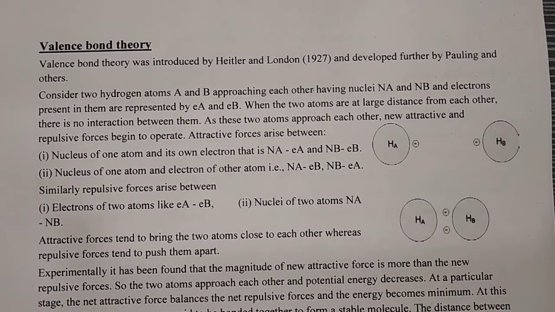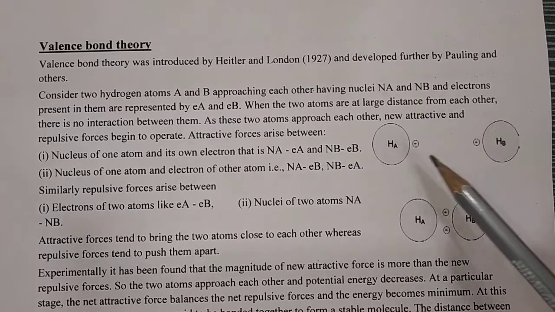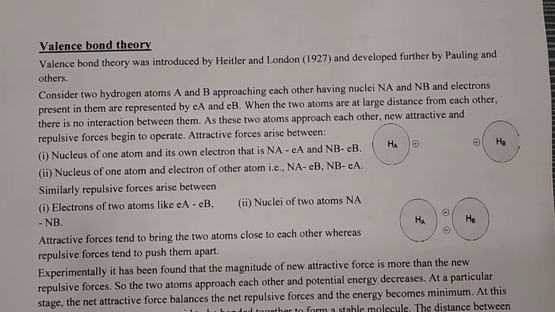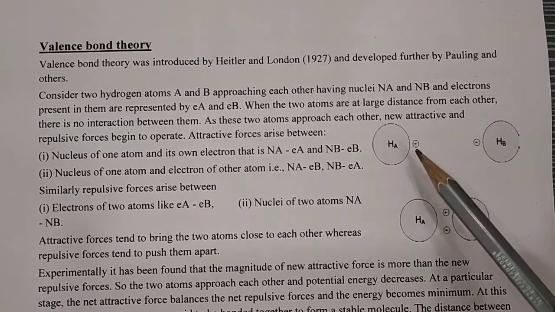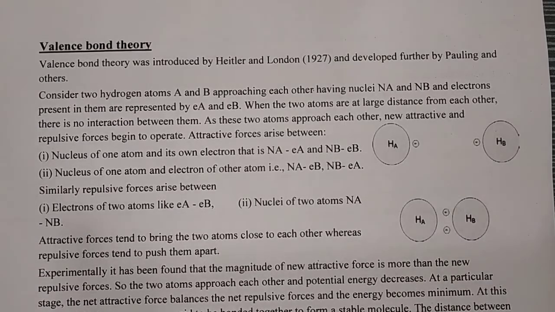The electron of the first atom is Ea and the second is Eb. Once again, the nucleus of atom A is Na, the nucleus of atom B is Nb, the electron of the first atom is Ea, and the electron of the second atom is Eb.